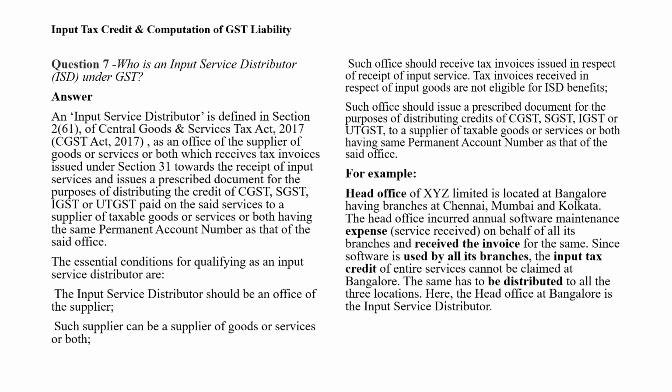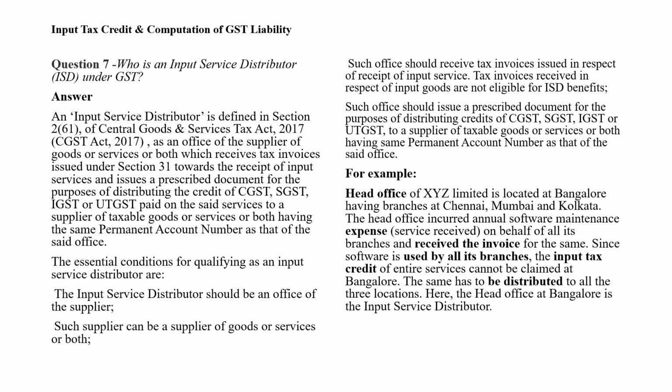Here we are taking an example to clarify this discussion. Suppose the head office of XYZ Limited is located at Bangalore, having branches at Chennai, Mumbai, Kolkata, and the head office incurred annual software maintenance expense, a service received on behalf of all its branches, and received the invoice for the same.